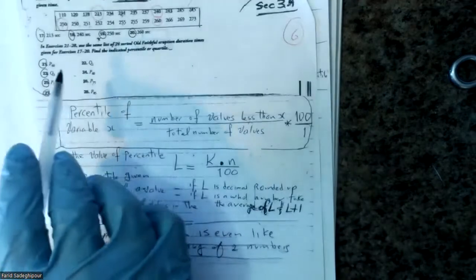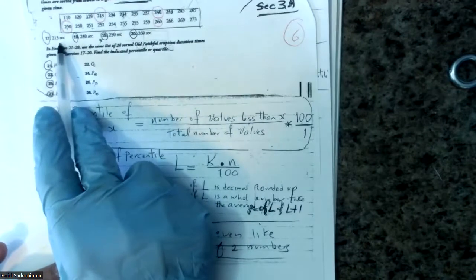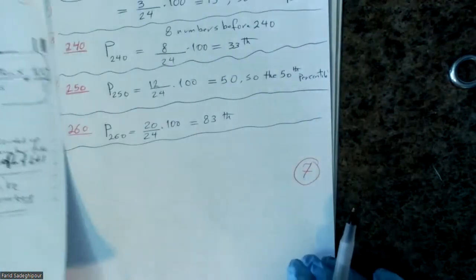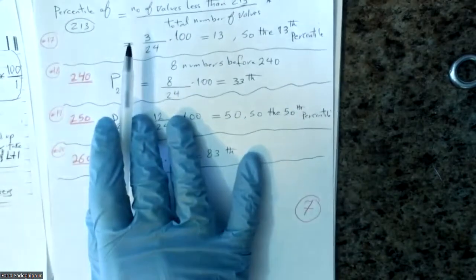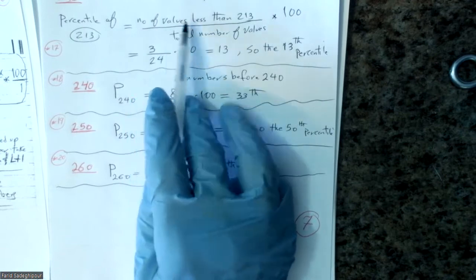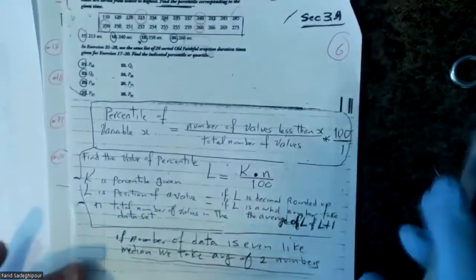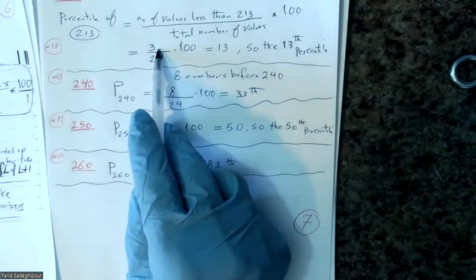Okay, first, they ask us to find the percentile corresponding to 213. To find the percentile of 213, we need to know how many numbers are before 213. See, 213 is right here. How many numbers are before 213? 1, 2, 3. So you put that 3 here.